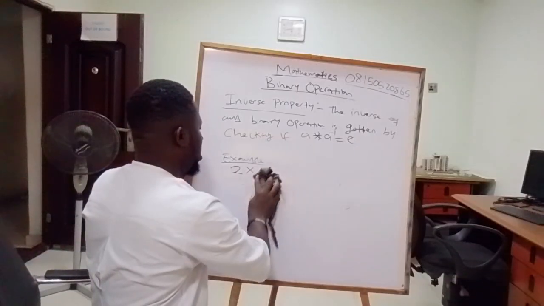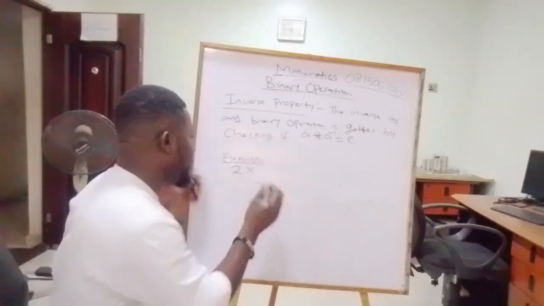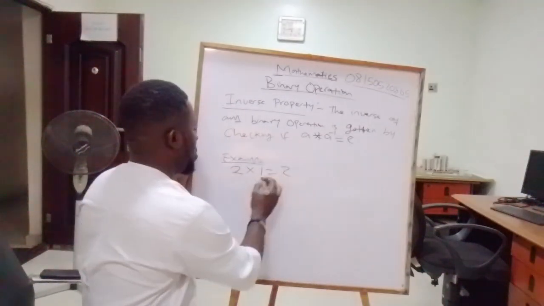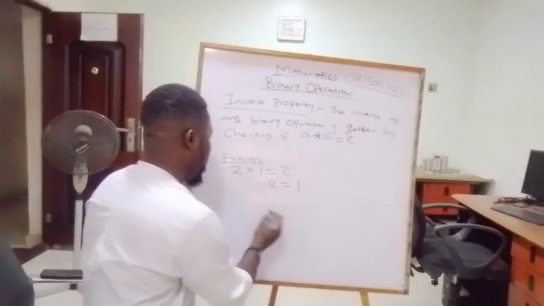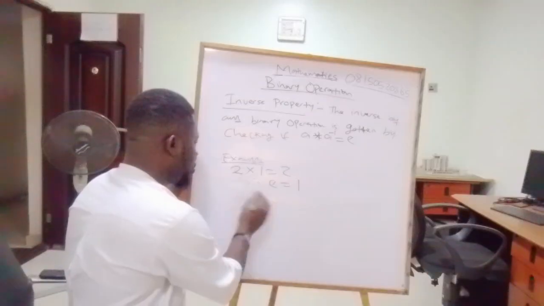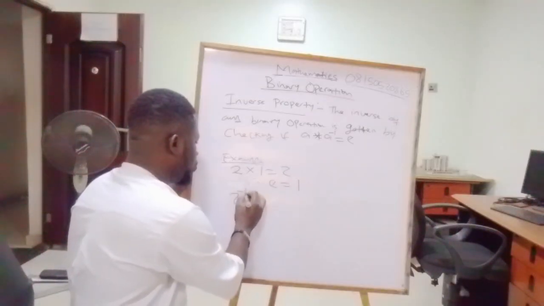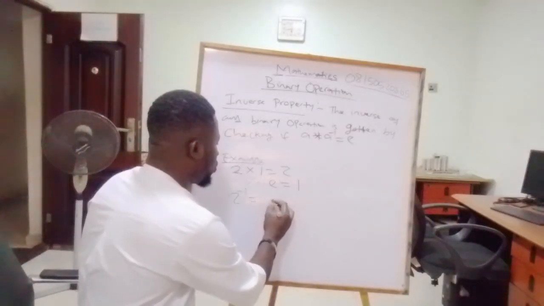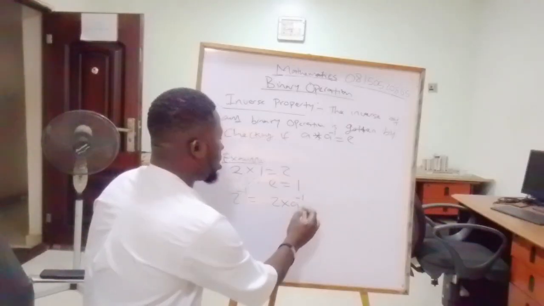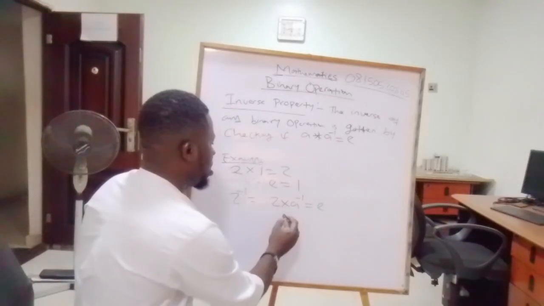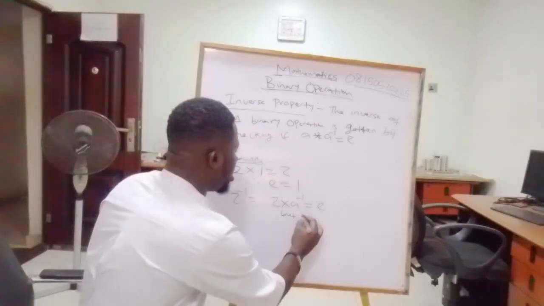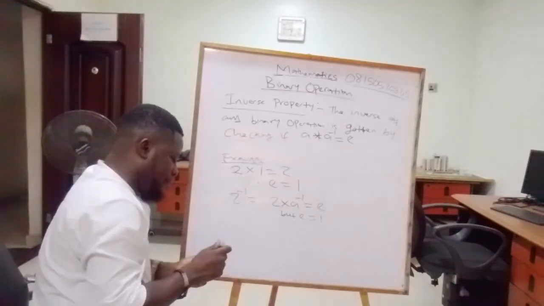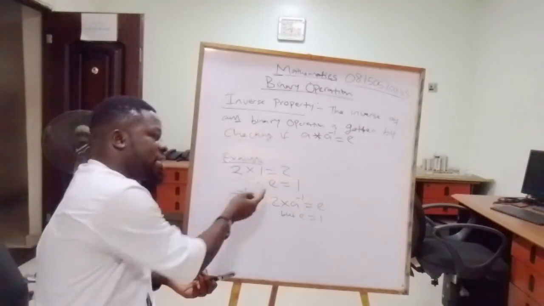So for instance, when we are dealing with identity element, I said firstly 2 times 1 is equal to what? 2. Therefore, E is equal to what? 1. So now, to get the inverse of 2, we say 2 operation A inverse is meant to be equal to E, but E is equal to 1. Normally 2 times 1 equals 2 according to the law of identity elements.